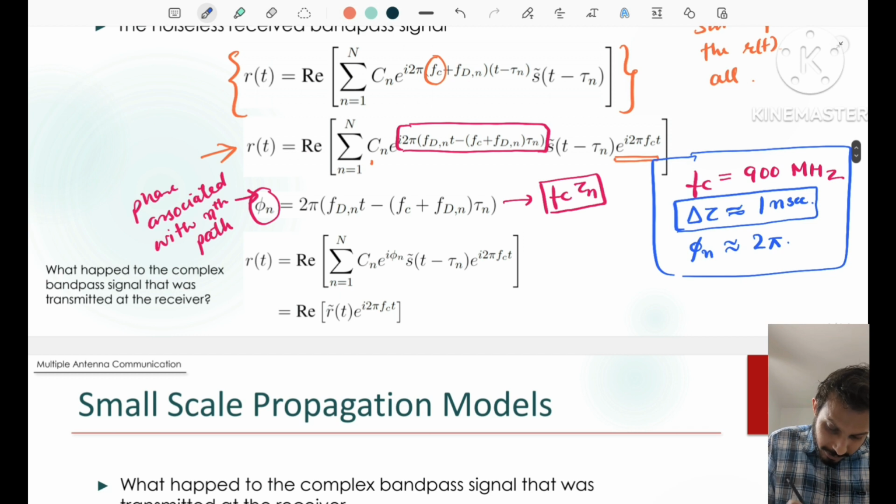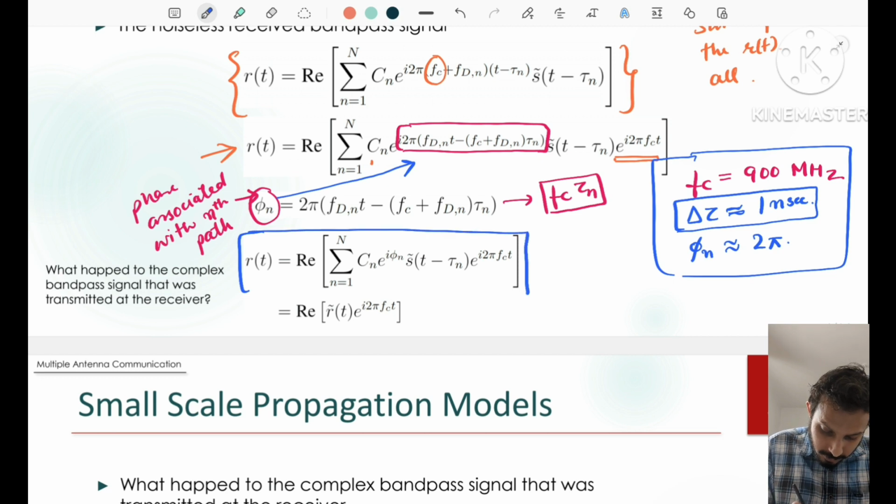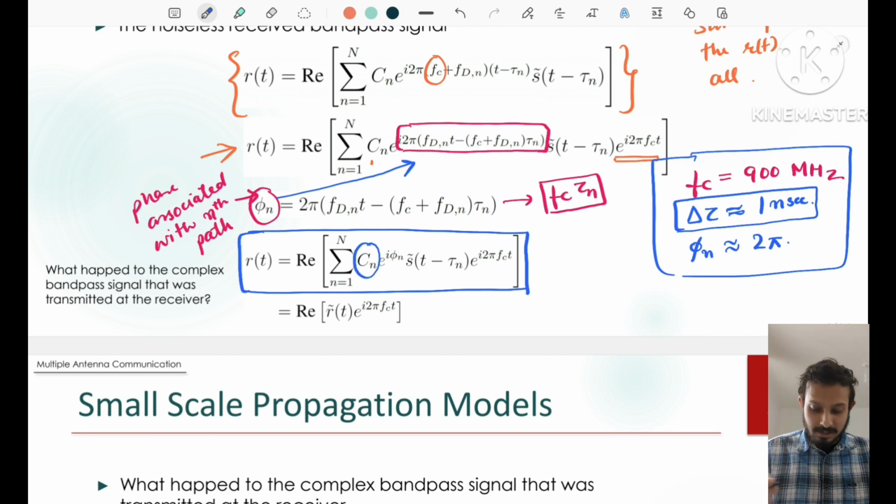So now if we substitute this phi n into this expression, we get r of t as a function of the gain of the signal that passes through the nth path, the phases along the path, and the transmitted signal that was transmitted tau n before the current time t.